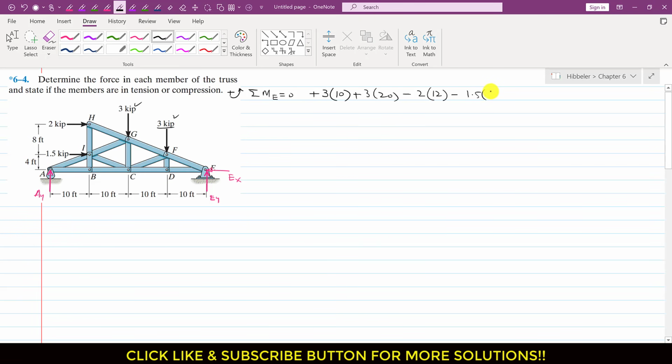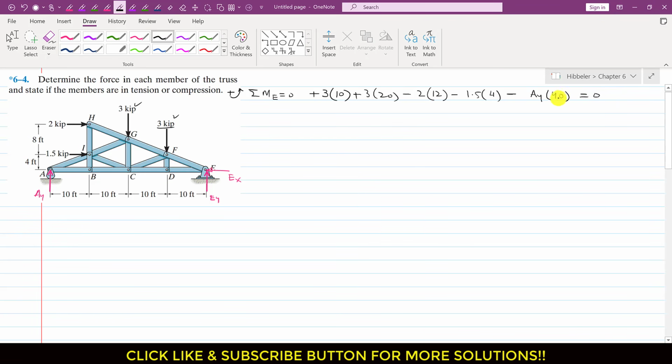And this AY is producing a clockwise moment about point E, so I will write minus AY, and the perpendicular distance is 10 plus 10 plus 10 plus 10, which is 40 feet, so I will multiply with 40, and this will be equal to 0.